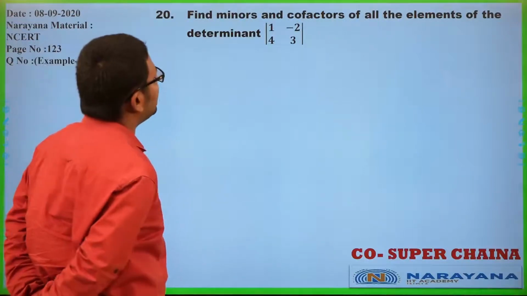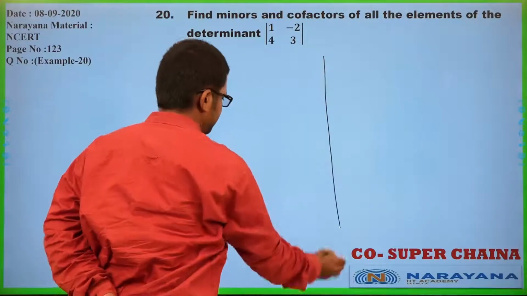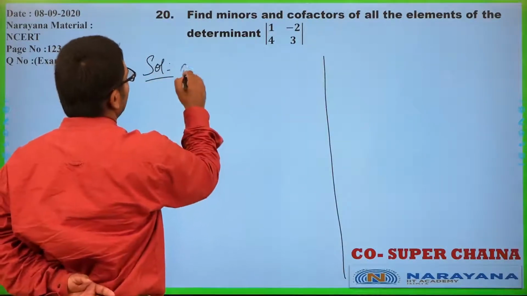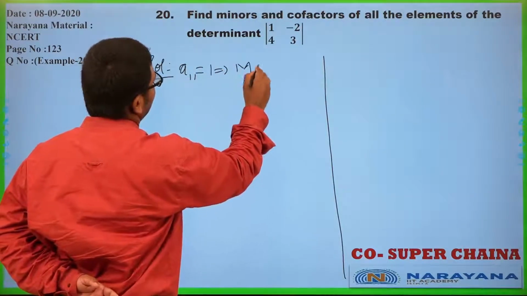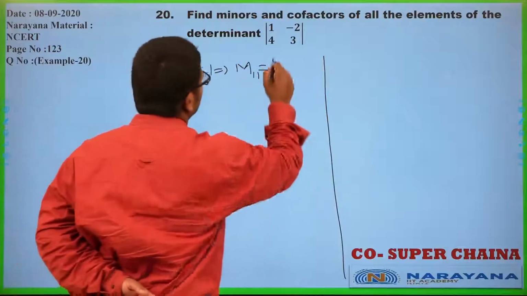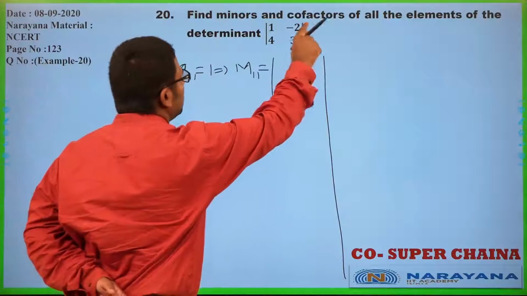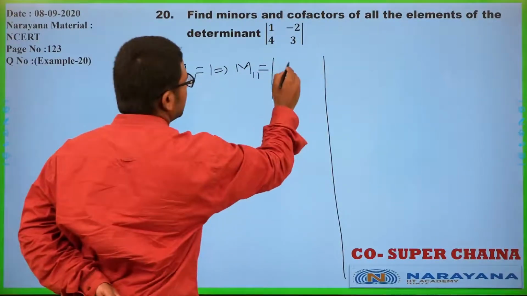Find minors and cofactors of all the elements of this determinant, alright? Let us directly start with A11 is 1. Therefore, M11, which is the minor of this element, is, leave that row, that column. What are you left with? 3.